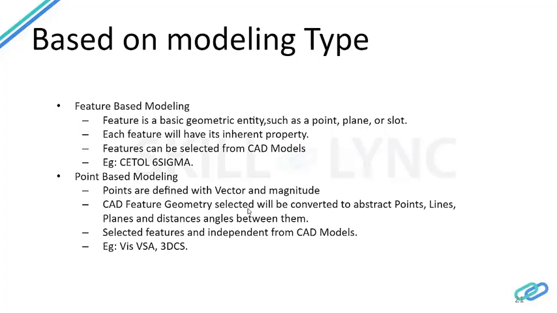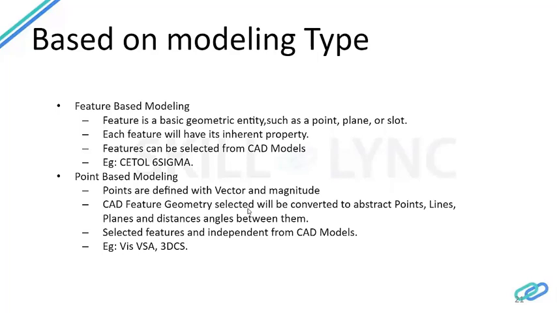If you take a hole, it has 4 degrees which can be controlled: tx, ty, rx, ry. These are all predefined in the software, and we can use these features to build our model. Most of the time it will be a CAD based model, so if you select the CAD features, you can build the model without any issues.